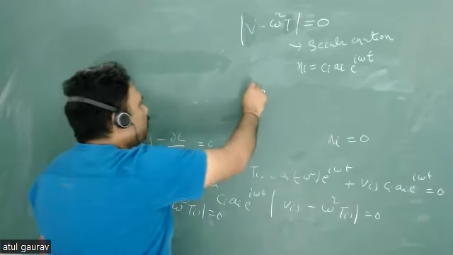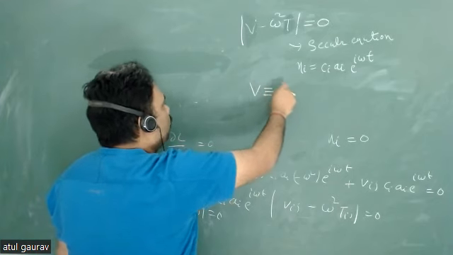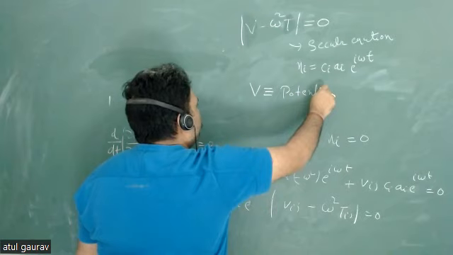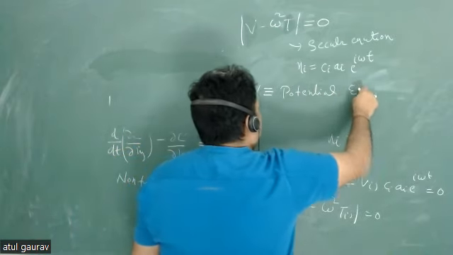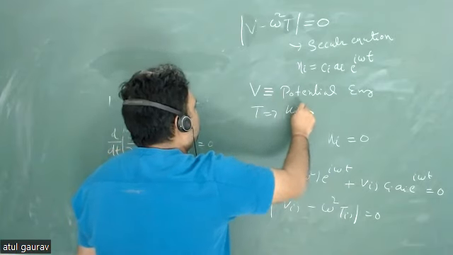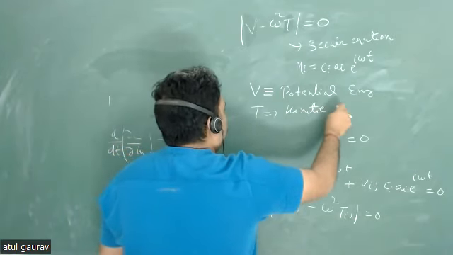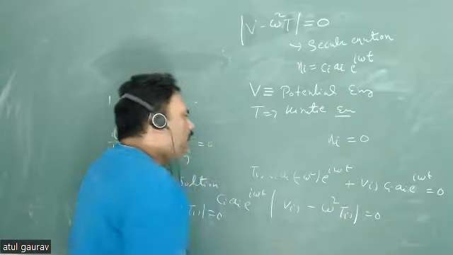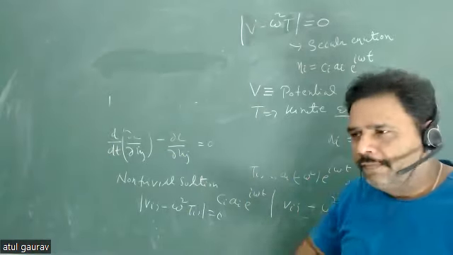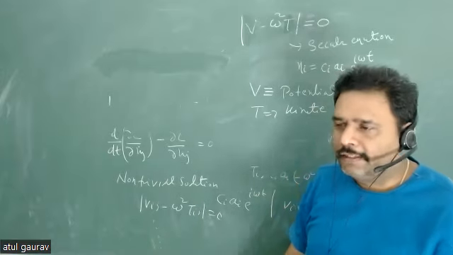So V is, extremely sorry, V is the potential energy matrix. T is the kinetic energy matrix. The theory is a little bit tough, but when you go for solving the problems, it is very easy, very straightforward. Don't worry.